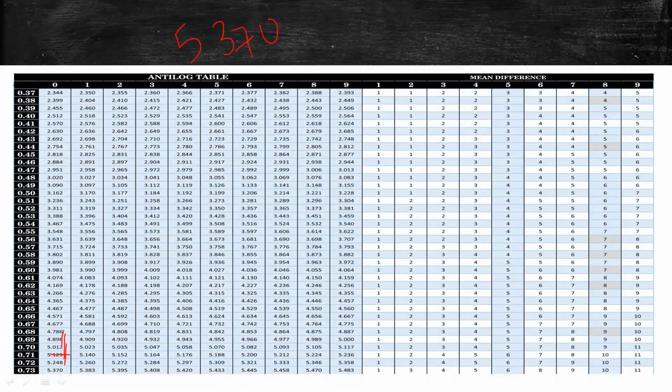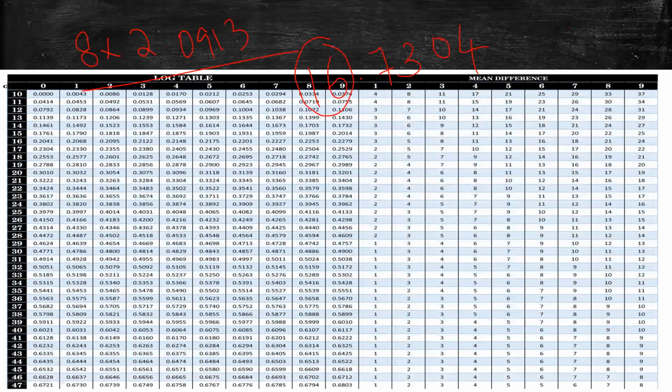And 4 corresponds to 5 here, number 5. So the answer is going to be 5.375 into 10 raised to 16, because while performing this multiplication you got 16 point, right? So whatever number is coming before the decimal point, that will be the tens power.